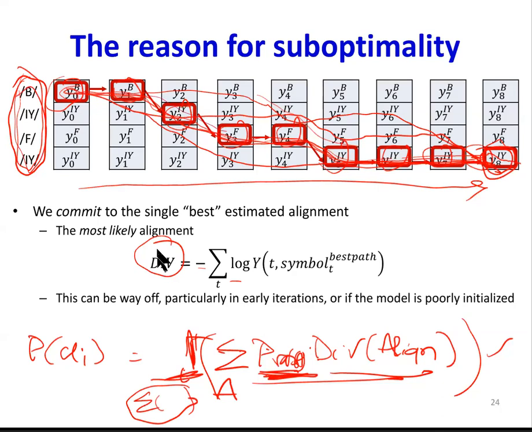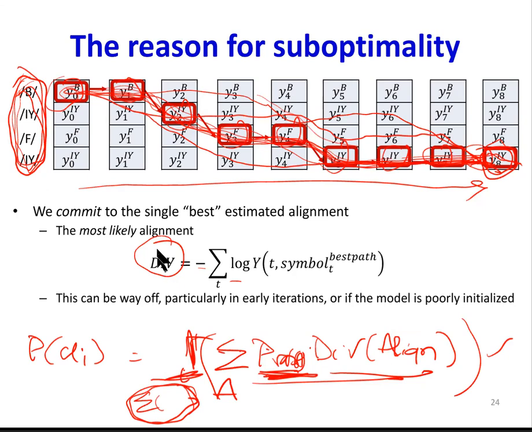The probability of an individual alignment divided by the sum over all of the alignments gives me the conditional probability of that alignment. Basically, it's the probability that, given that this is the symbol sequence, this could have been the valid alignment, right? So that's the posterior probability of the alignment.